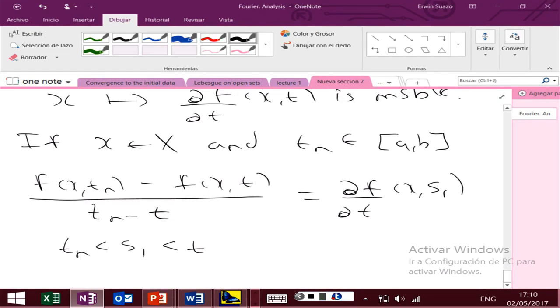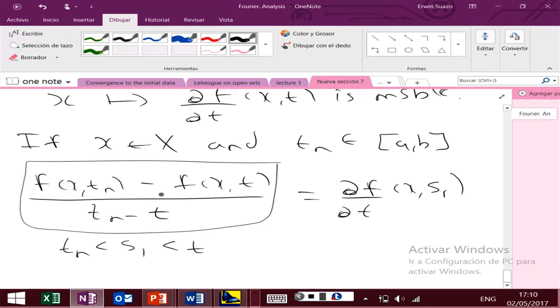So I'm writing this difference quotient as the derivative at a point. That was one of the theorems of calculus that you learned in analysis 1. This is true by the mean value theorem.